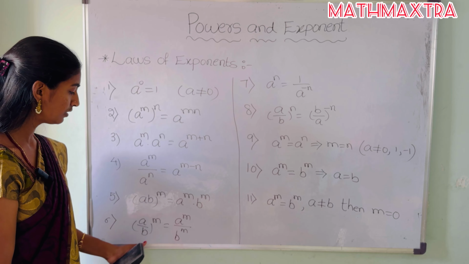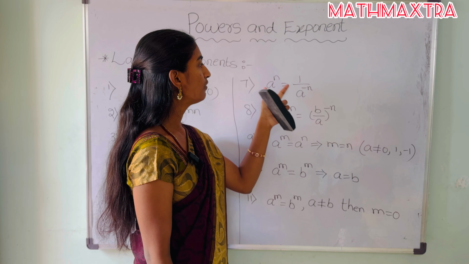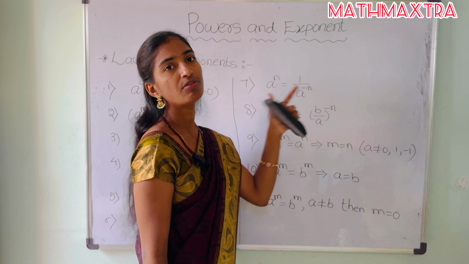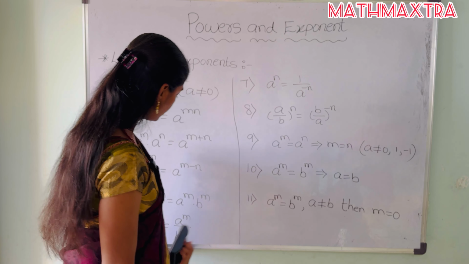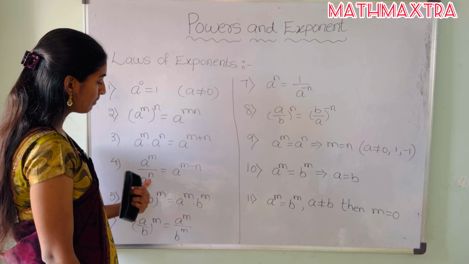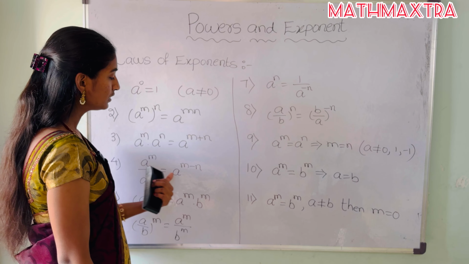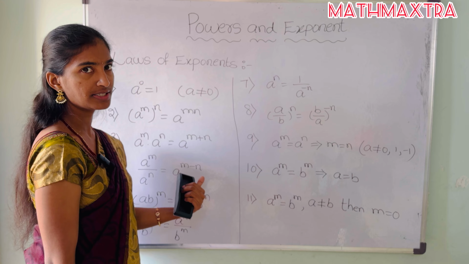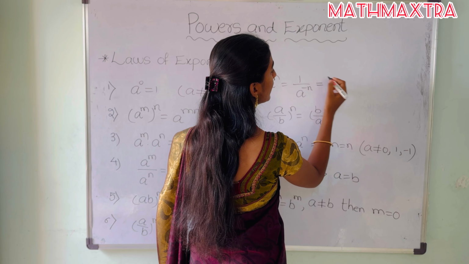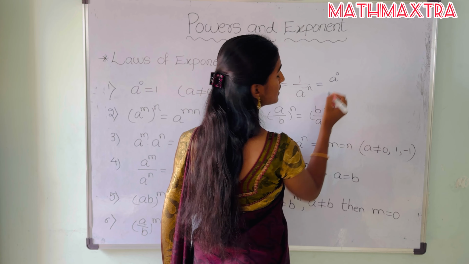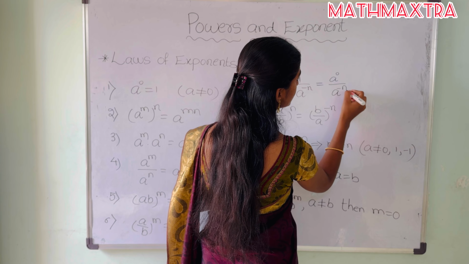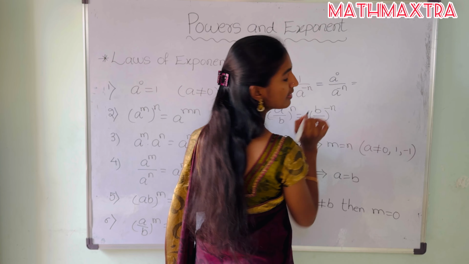And when you see the seventh one, a to the power of n can also be written as 1 by a to the power of minus n. According to this property, a to the power of m by a to the power of n, what can we write? A to the power of m minus n, right? So, I am writing 1 as a power 0, isn't it? And the denominator is a power minus n. Here the bases are same.